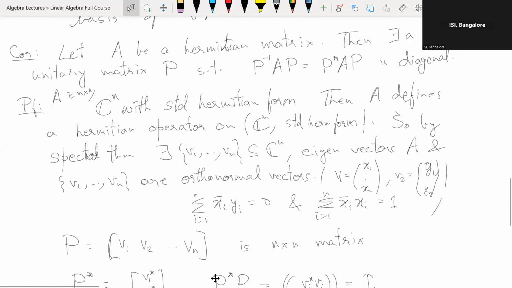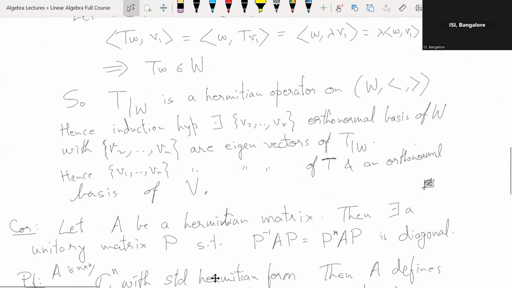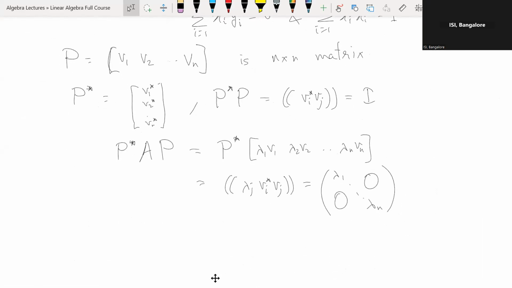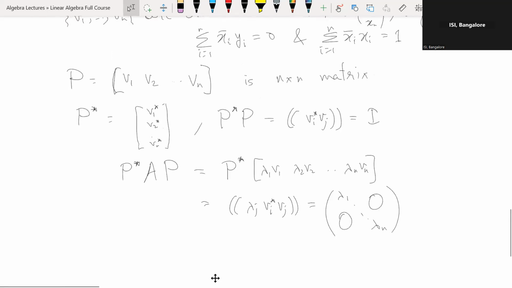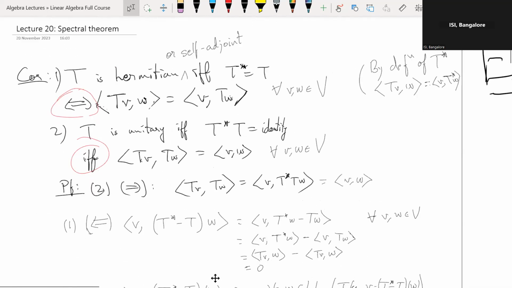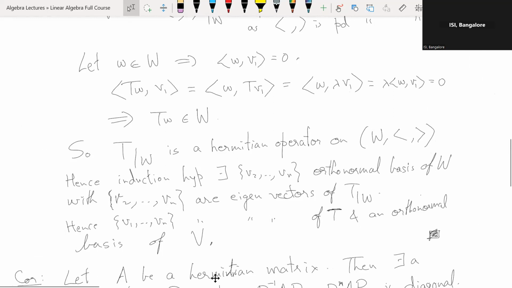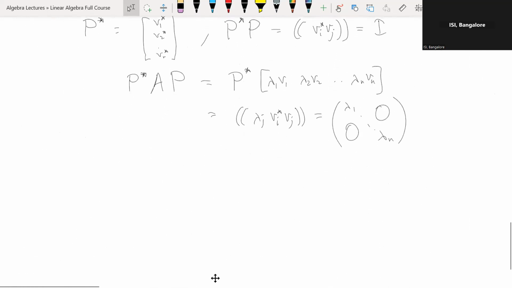Okay. So is there anything else I wanted to say before starting normal operators? Yeah, so another corollary is, so this is about complex matrices, but you can make some statement about real matrices as well.